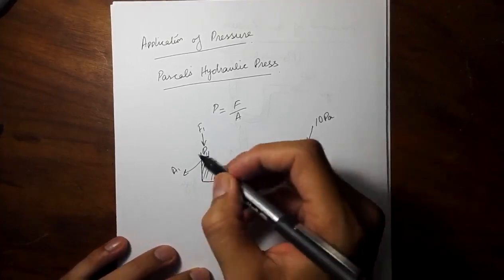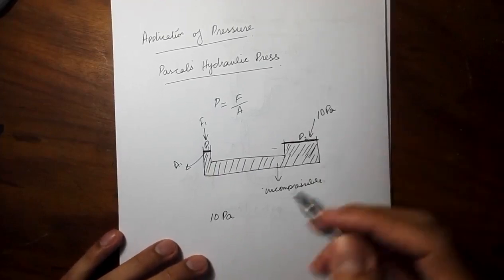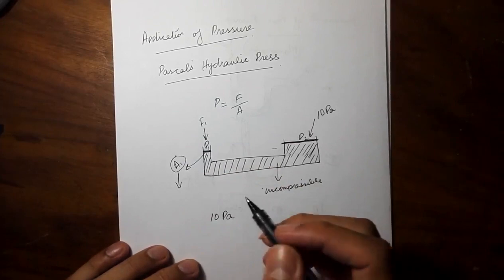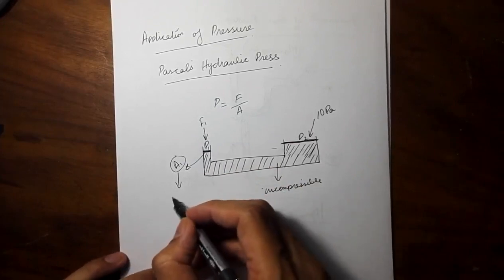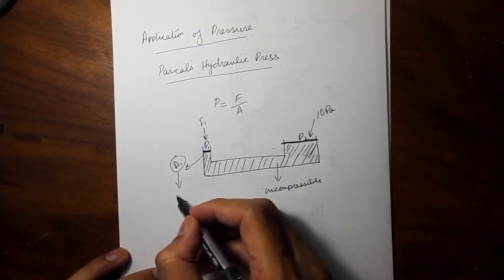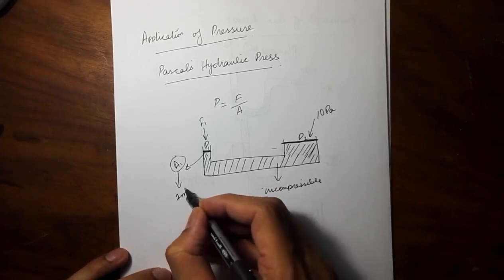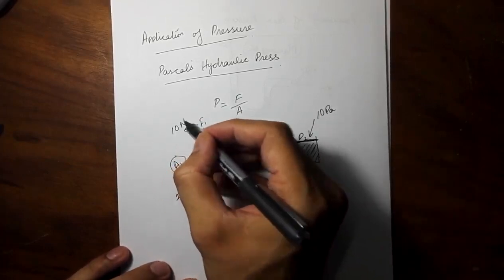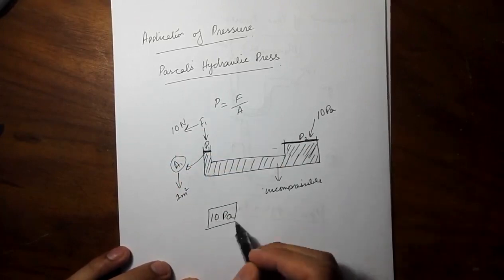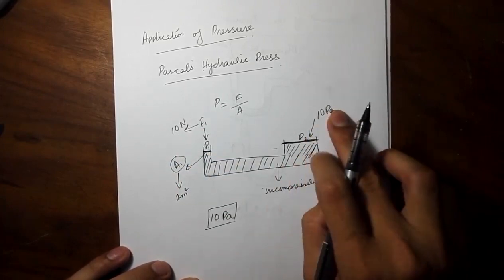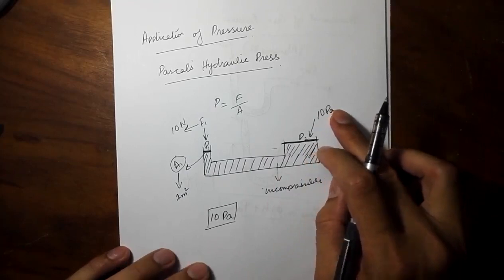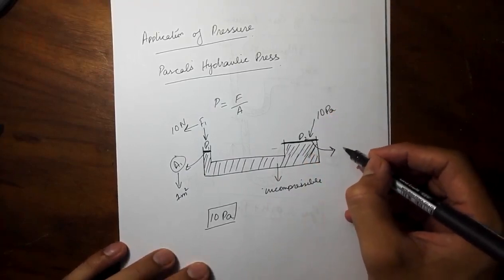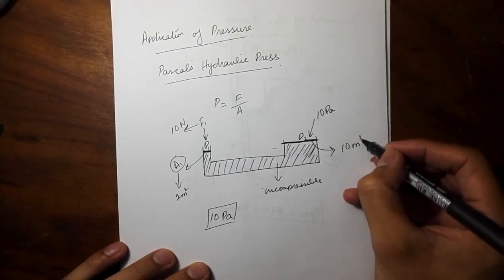So I give you an example. Let's suppose the area over here is 1 meter square, and the force over here is 10 Newton. So the pressure is 10 Pascal. Now the same pressure should be over here. Now its area is 10 meter square.